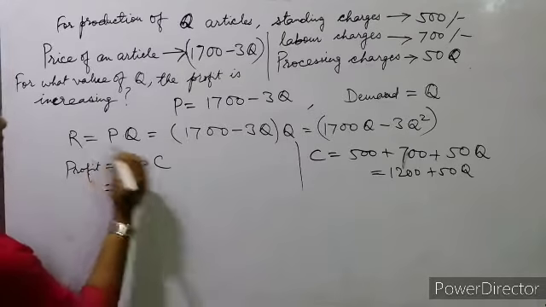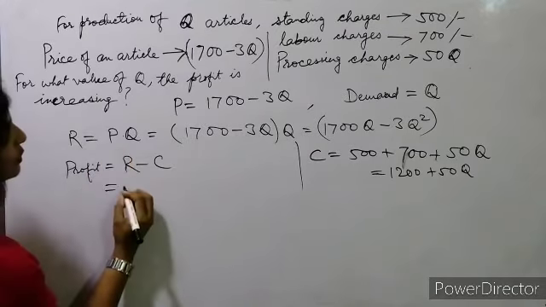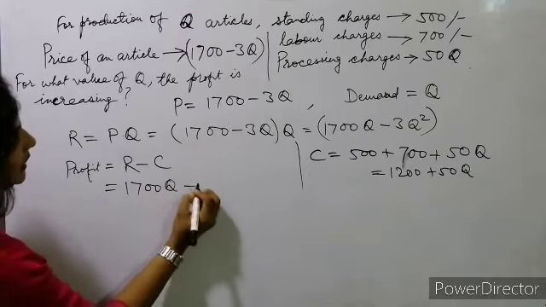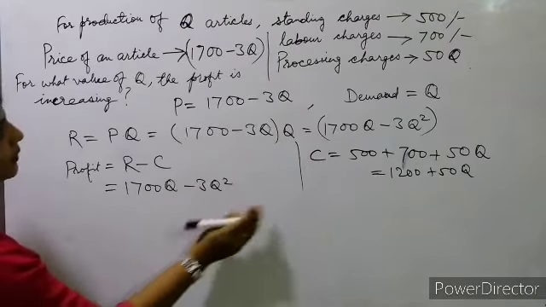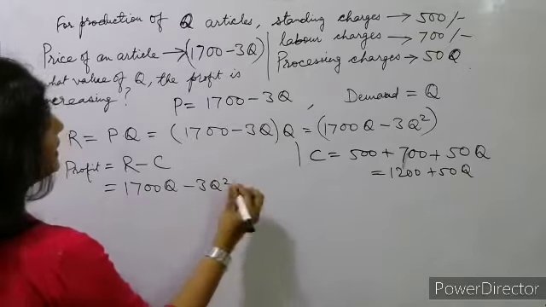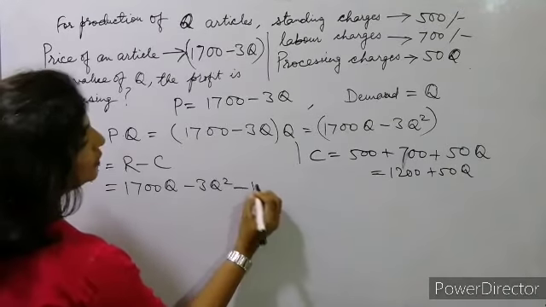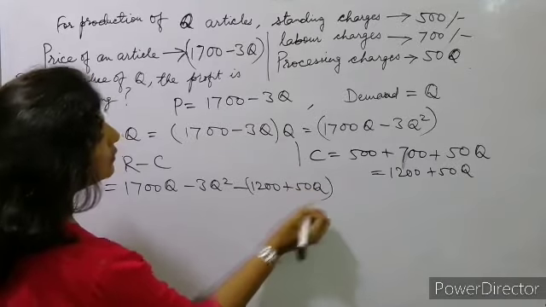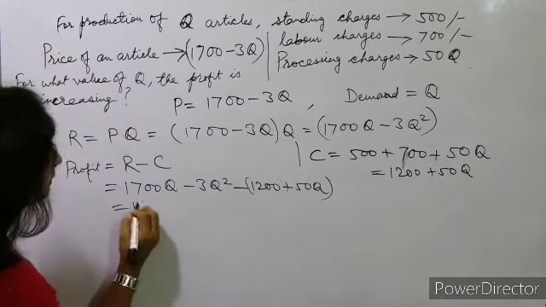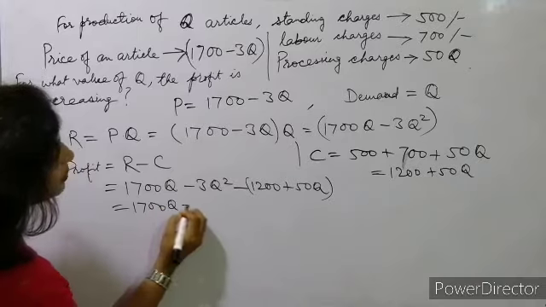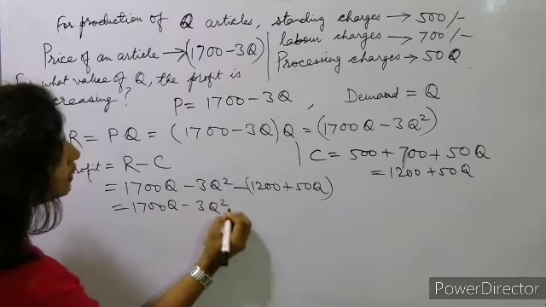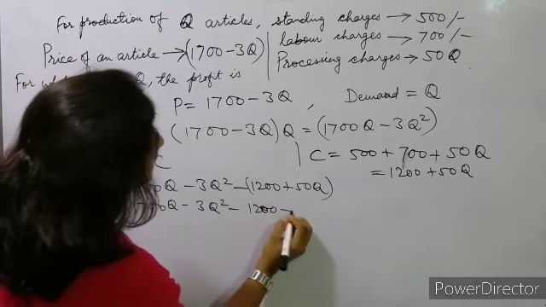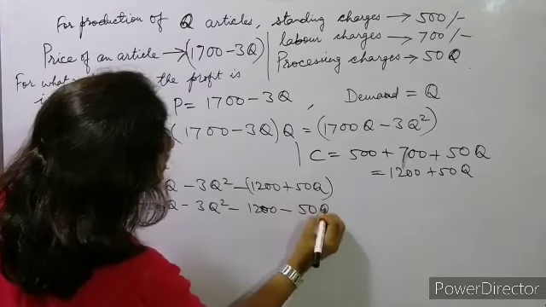R is P into Q, so that is 1700Q minus 3Q square, now minus the cost 1200 plus 50Q. So it will be equal to 1700Q minus 3Q square minus 1200 minus 50Q.